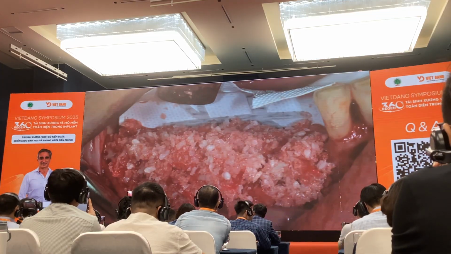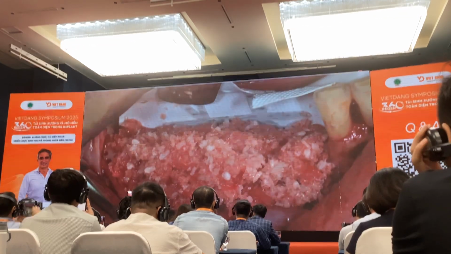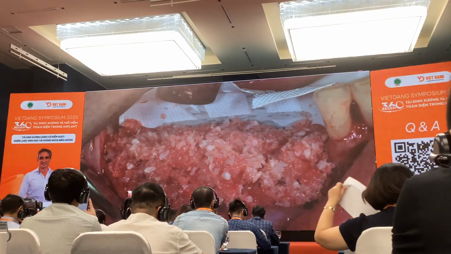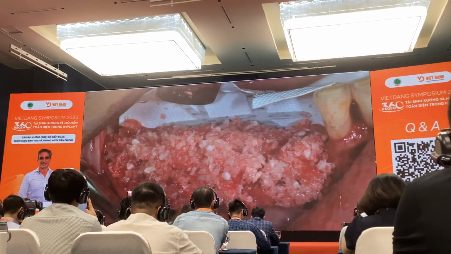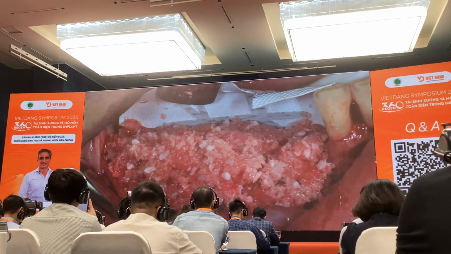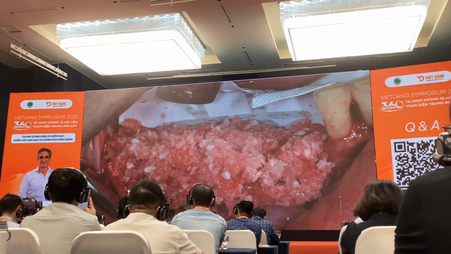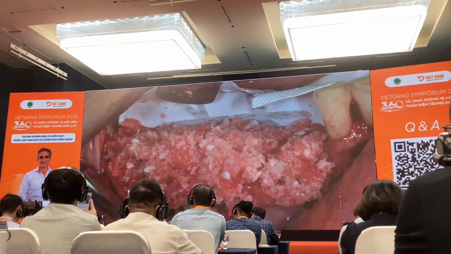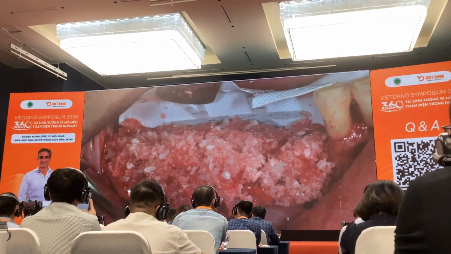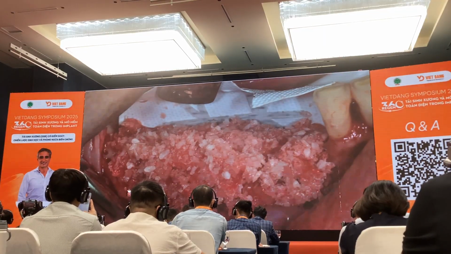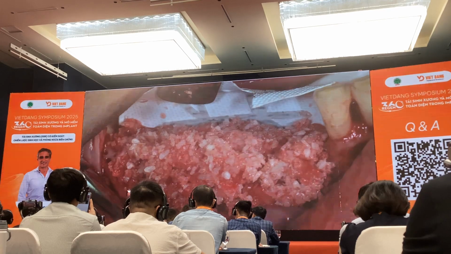It means that if I place the biomaterial in excess, while moving the membrane from the lingual to the buccal, pulling the membrane against the bone, I can press with my finger against the top of the membrane in order to adapt it perfectly against the biomaterial, compressing the biomaterial and without leaving any space between the biomaterial and membrane.